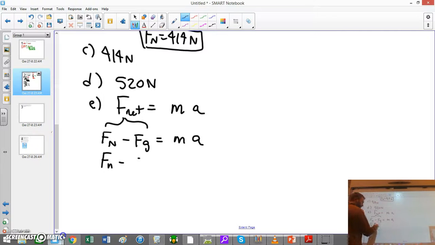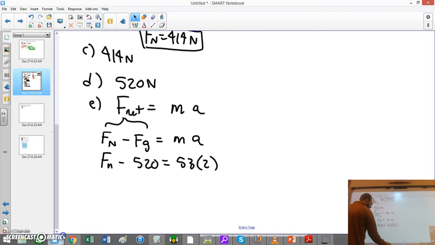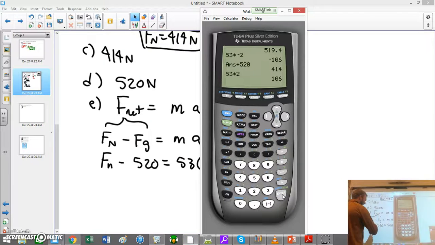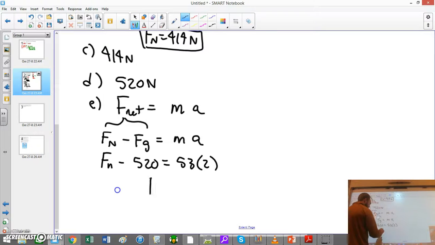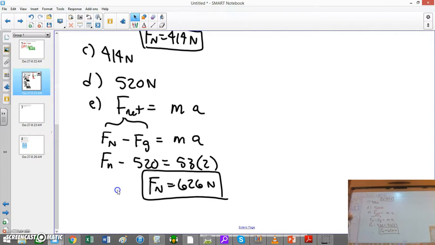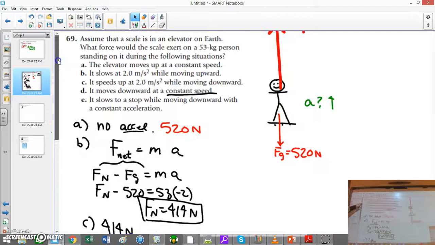My force of gravity is still 520. My mass is still 53, but now my acceleration is a positive 2. So when I take 53 times 2, and then add 520, it comes out to 626. So I have a larger normal force, which makes sense.